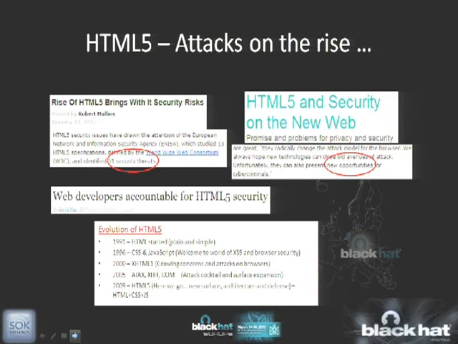HTML5 is reshaping the browser architecture, and it is bringing new opportunities for attacks for cyber criminals or threat agents. Web developers are integrating these HTML5 libraries, and there are a lot of security issues around them. So these are some of the surfaces where HTML5 is opening up the attack surface.